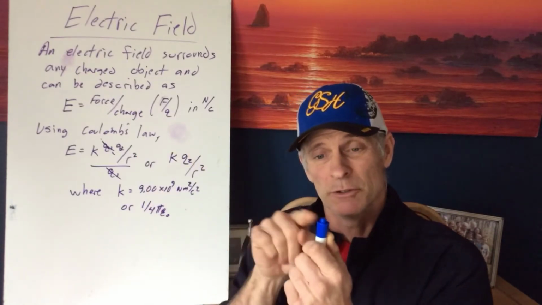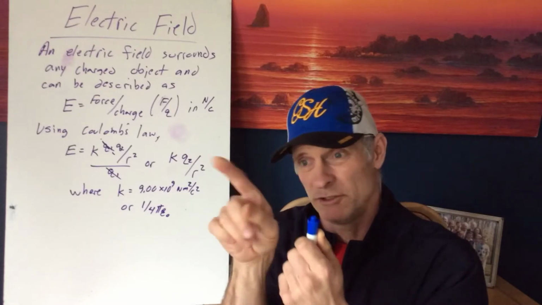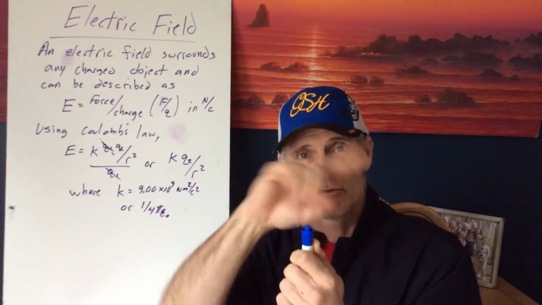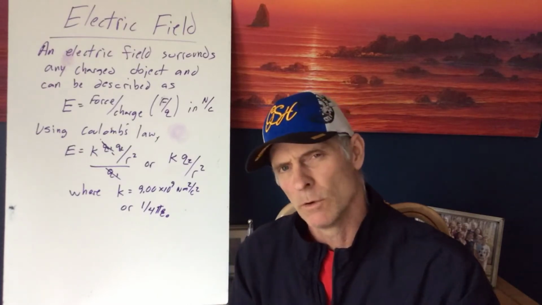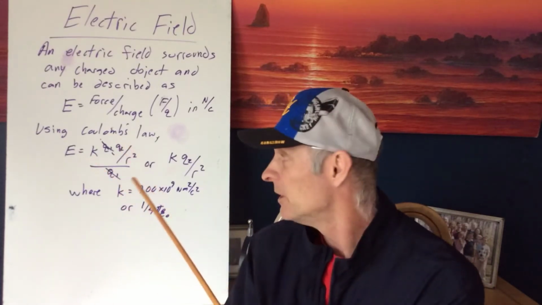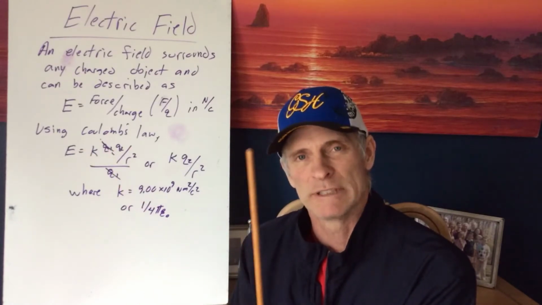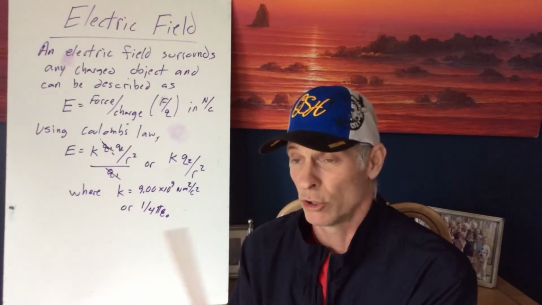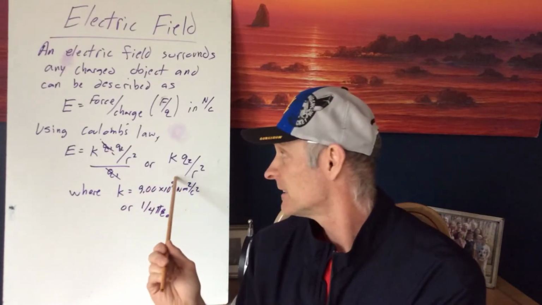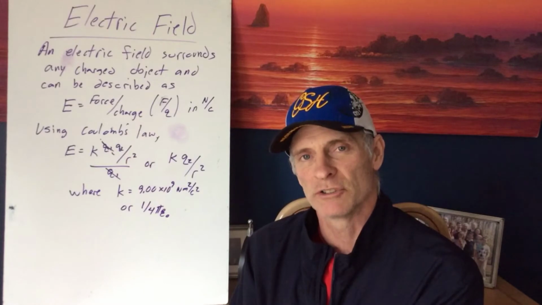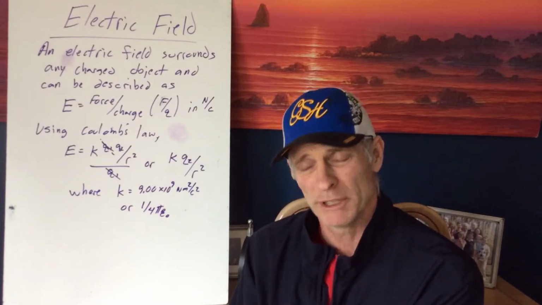The electric field would extend, if this is a positive charge, outward from this positive charge in all directions radially. Well, how much force? It would depend on where you are because radius is important. So kQ over r squared. Now guys, that simplifies to kQ over r squared for an electric field of a point charge.